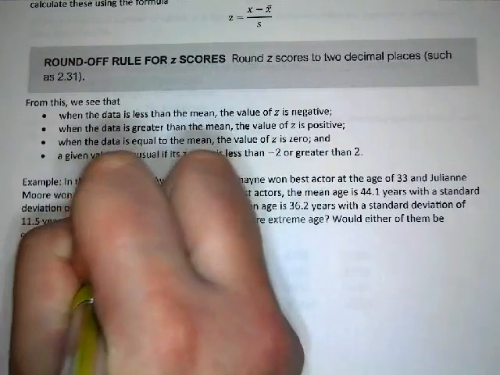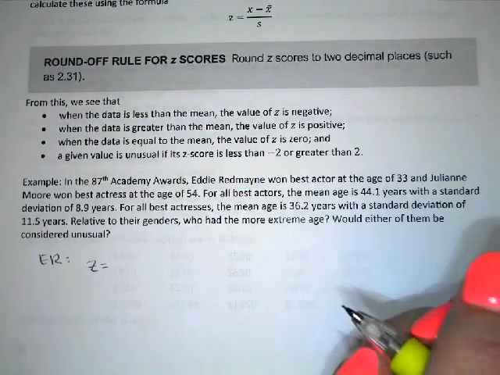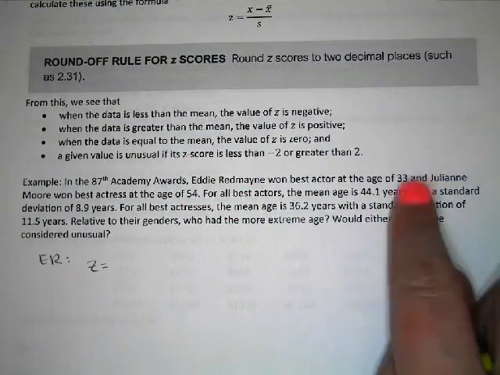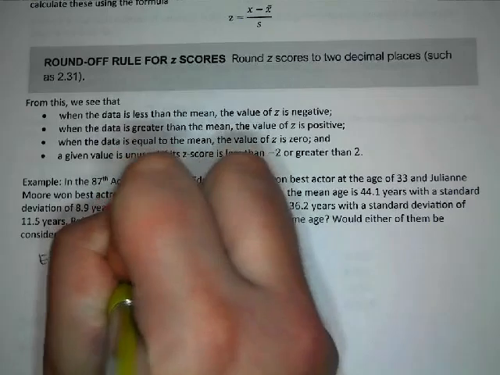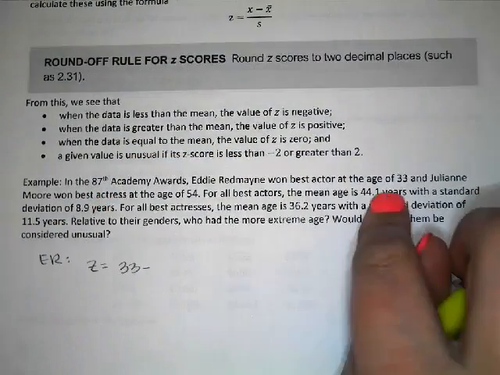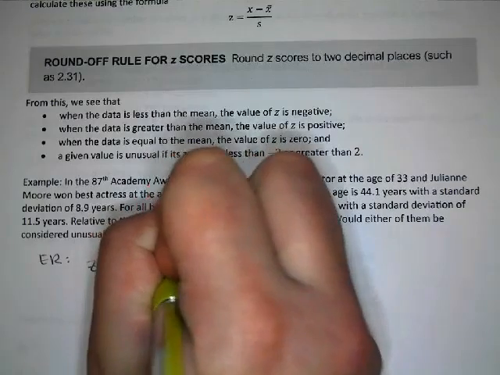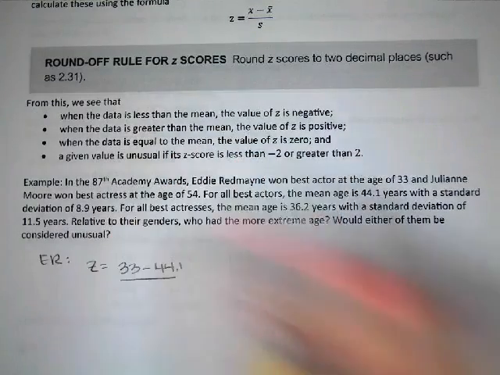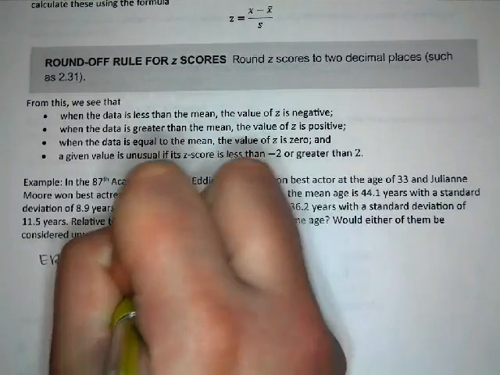We have the z-score is the data point, 33, minus the mean, 44.1, divided by the standard deviation, 8.9.